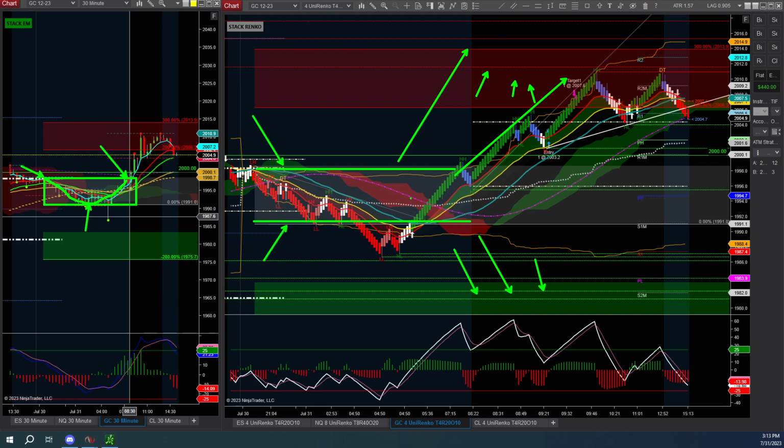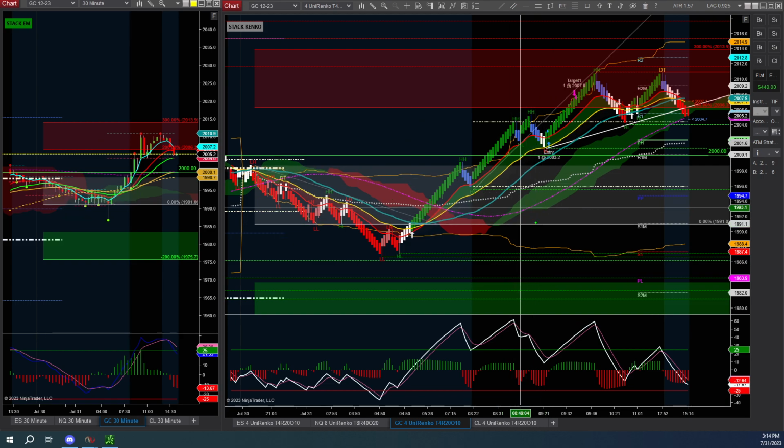If I remove that one, you can put a channel here, and then the lower side of this channel would be something like that. So what I was displaying before is that you would need to look for a test of this channel in this area down below, in the lower band of this channel.